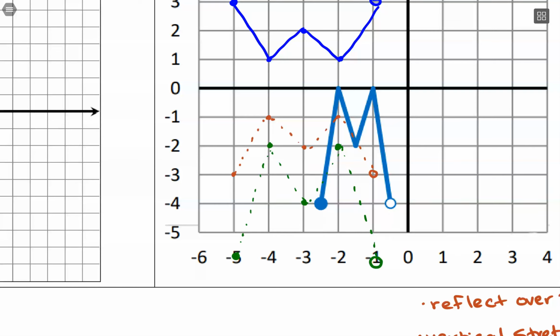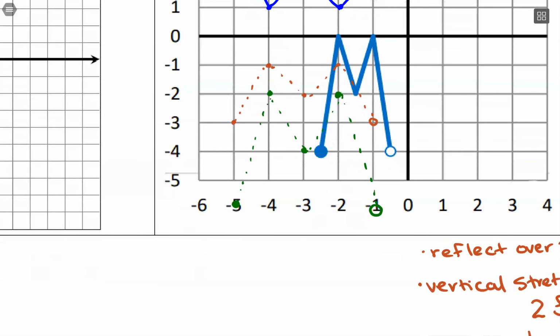Okay, then horizontal shrink. Oh, I'm running out of colors. I'm going to go back to red. In fact, I'm going to get rid of the red there. So that took care of the reflection. So now I'm here at the green function. And now I'm going to do my horizontal compression. So where I have these distances, I'm going to cut them in half.